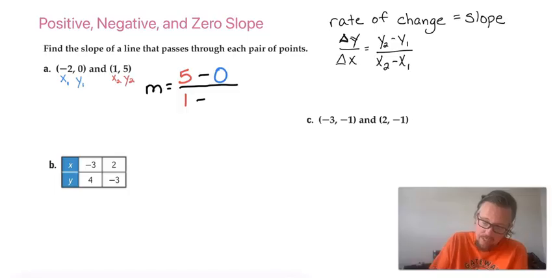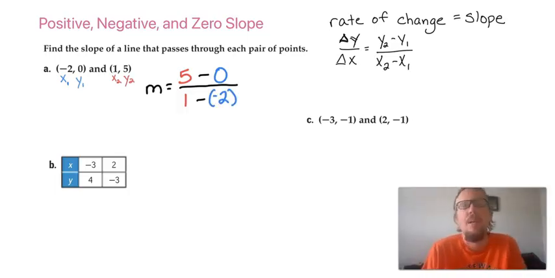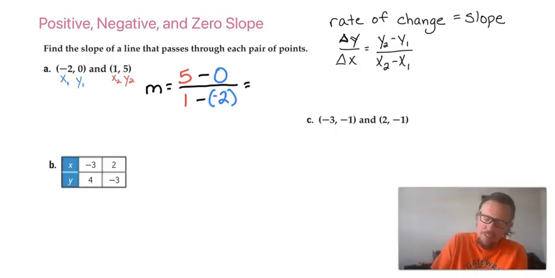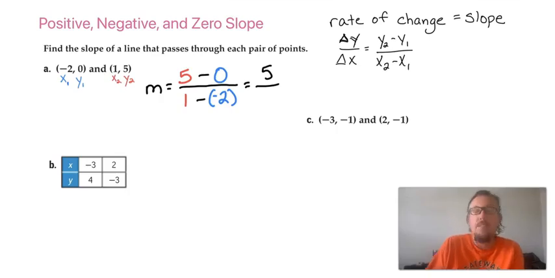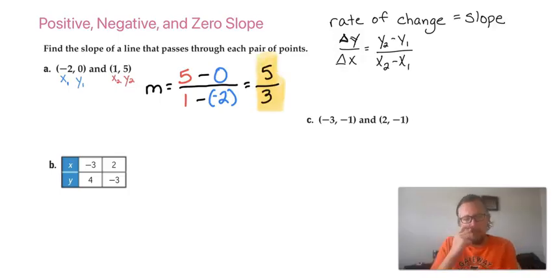It's going to look a little weird because we're subtracting a negative, but that's all right. We know how to subtract negatives. On the top, 5 minus 0 is 5. On the bottom, 1 minus -2 is the same thing as 1 plus 2, so 3. 5/3 cannot be reduced or simplified, so we're just going to leave it as 5/3.